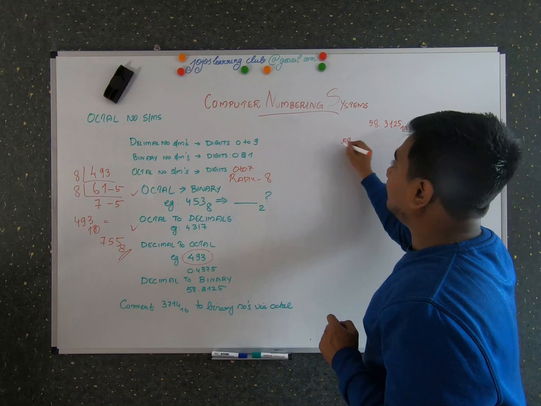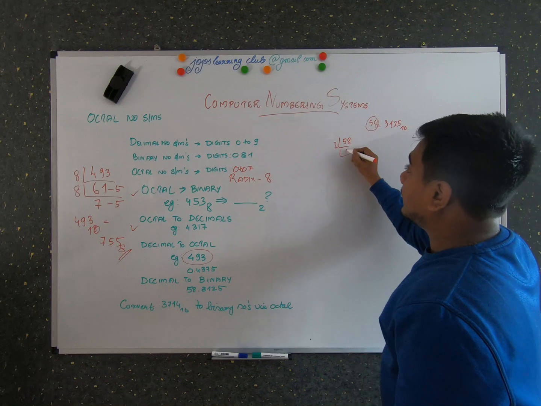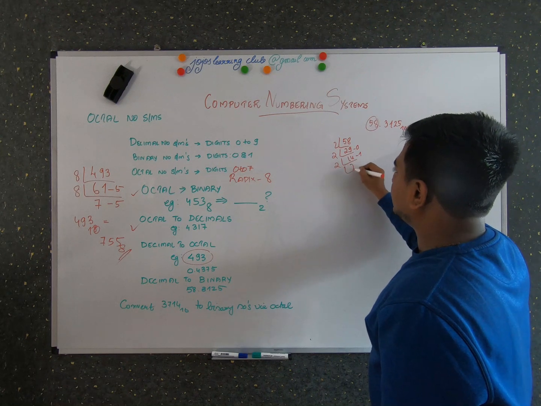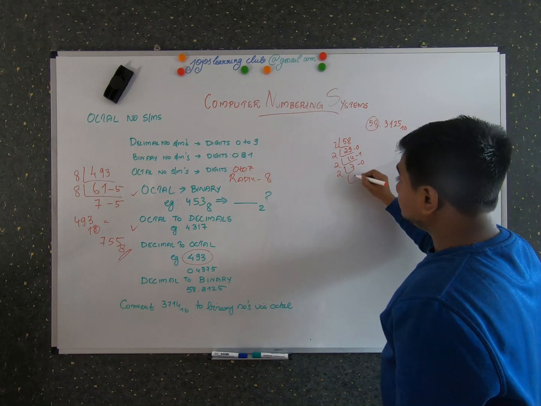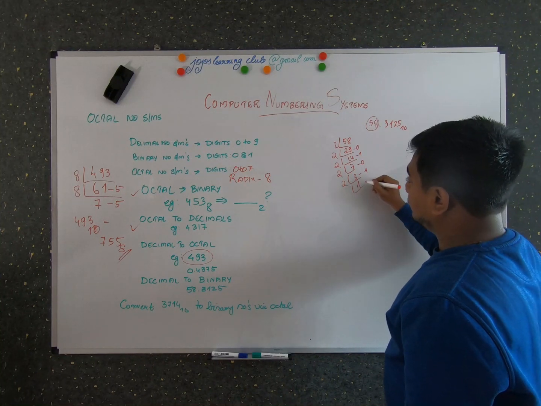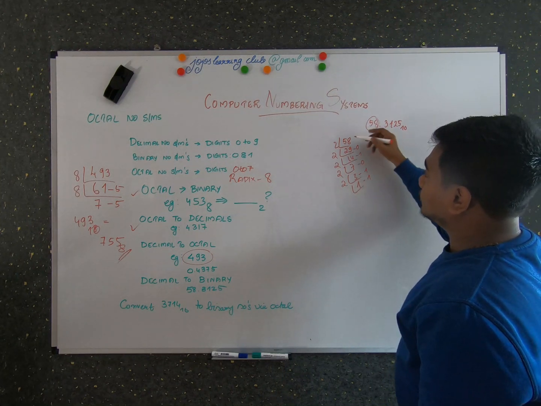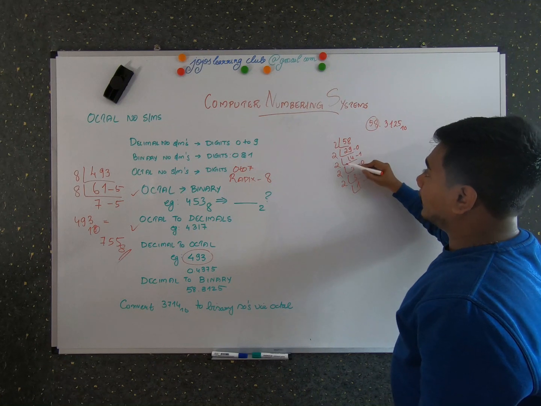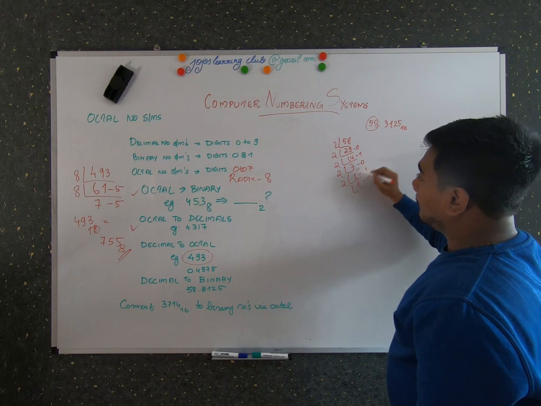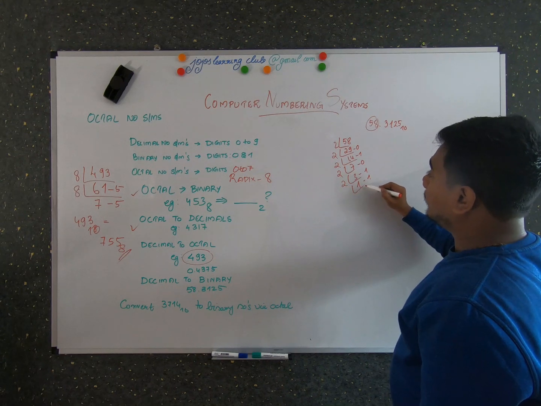As before, for the part before the decimal point, you can just divide by 2 and find it out. So 58 divided by 2 is 29, remainder 0. 29 divided by 2 is 14, remainder 1. 14 divided by 2 is 7, no remainder. 7 divided by 2 is 3, remainder 1. 3 divided by 2 is 1, remainder 1.